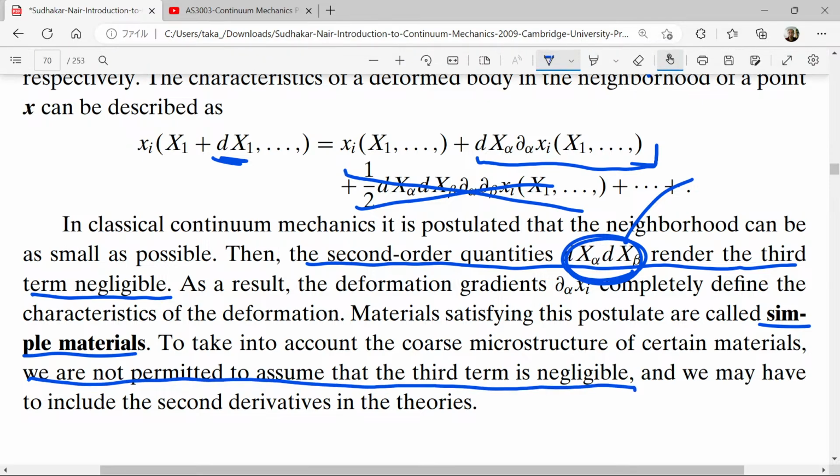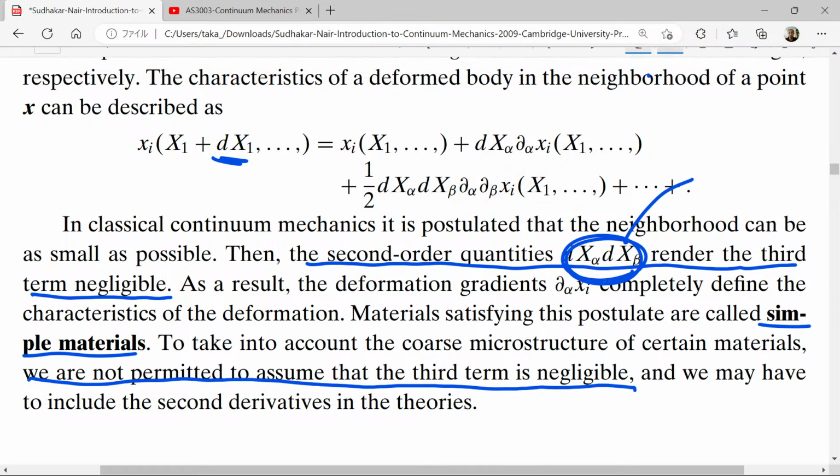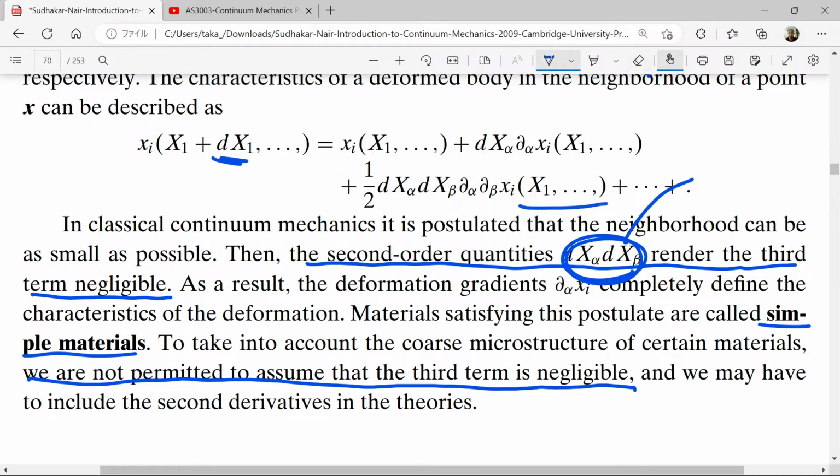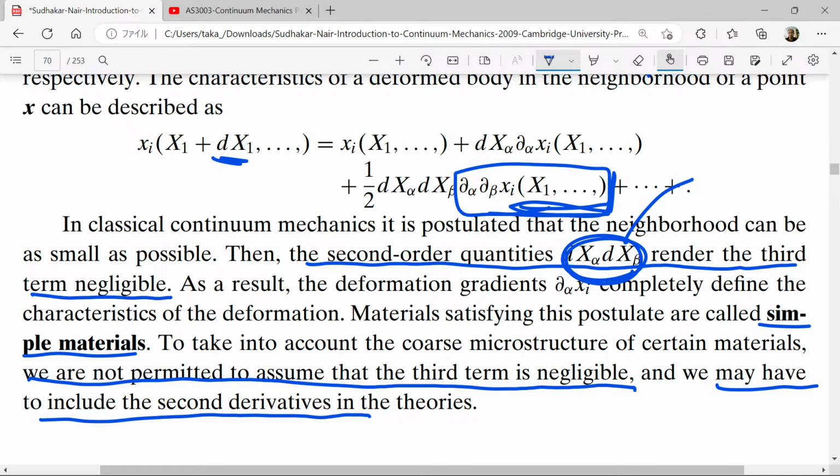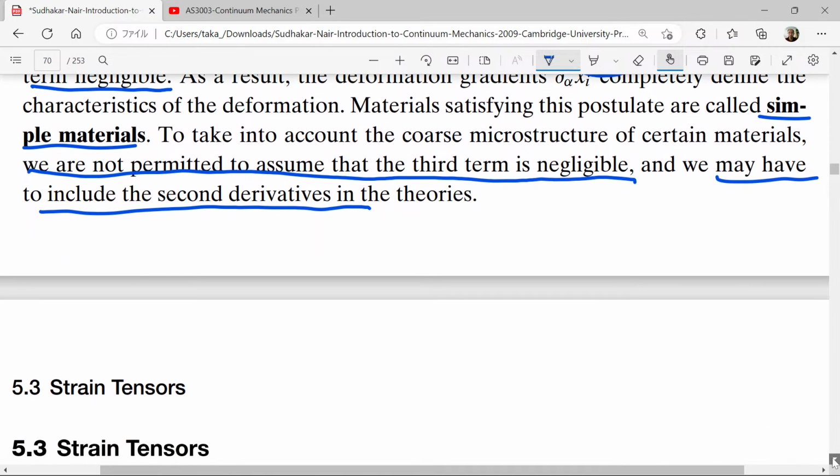If sometimes this term we cannot neglect, then we may have to include the second term derivative. That's a second term derivative. Second derivative, I'm sorry, it's not second term. Second derivative, in the theories. So I think it is clear.